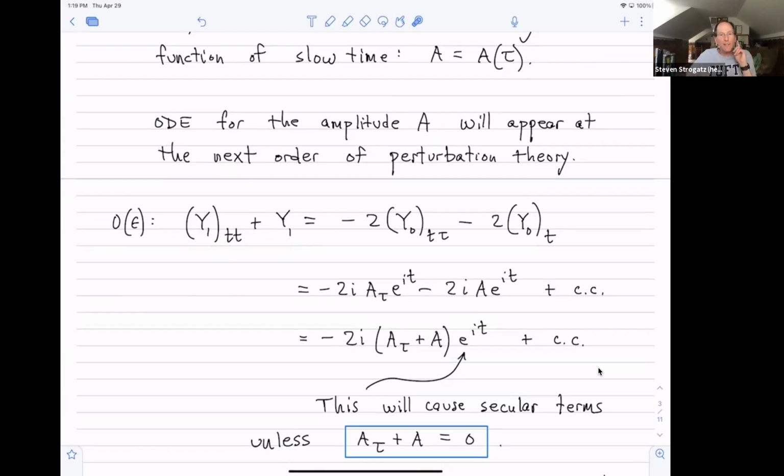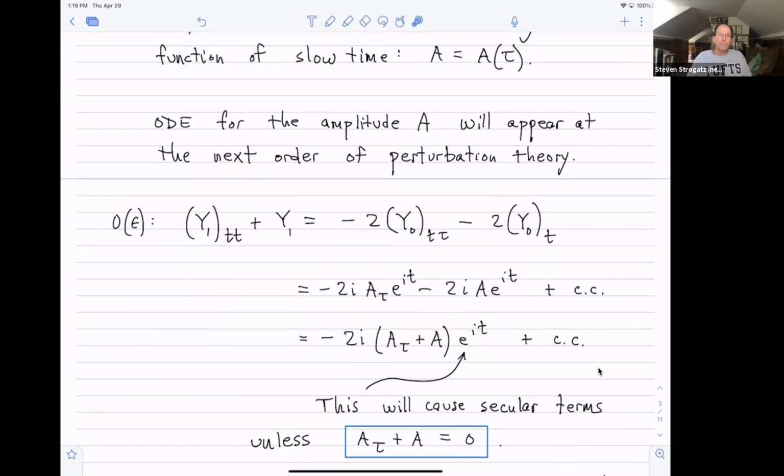In other words, we have a resonant forcing here, just like we had last time when we were dealing with the damped oscillator or the Duffing equation. We have a forcing term driving this harmonic oscillator at its natural frequency of 1. And that would cause resonance, that would cause a secular growth in the solution for y1.